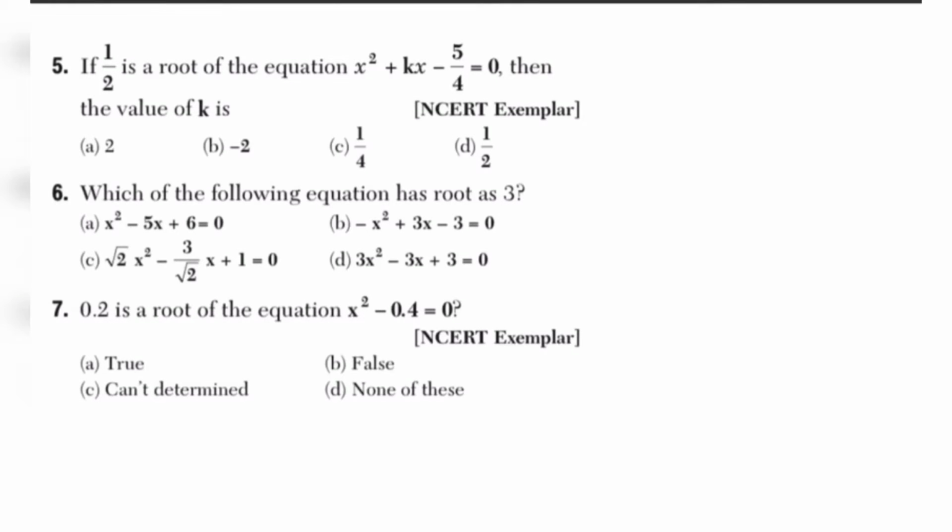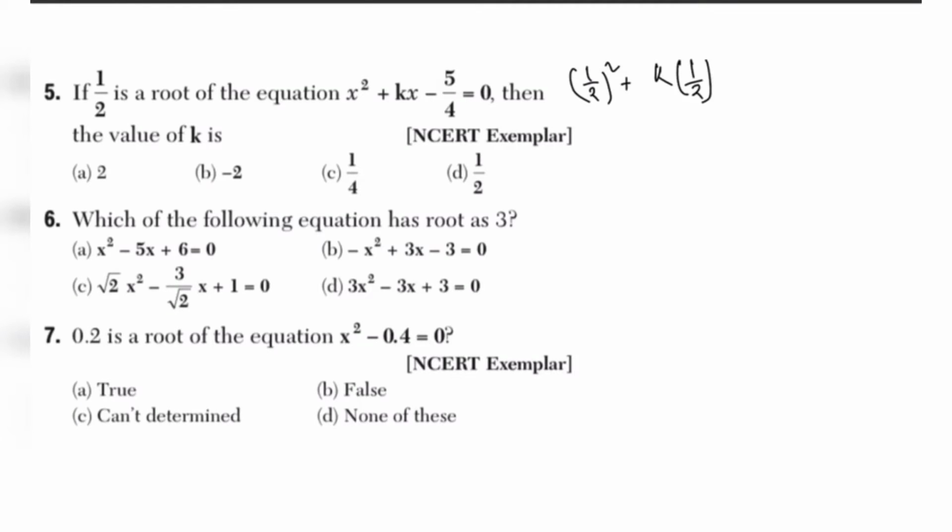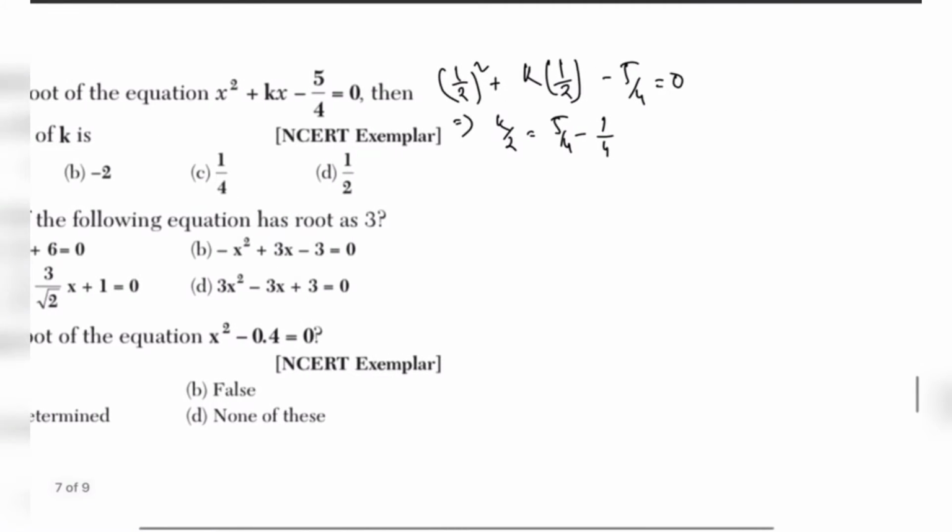So what you have to do is put half in place of x and then solve. So what do you get? If half is a root, then half square plus k into half minus 5 by 4 equals 0. Let's take the constant terms to the right, so you get k by 2 equal to 5 by 4 minus 1 by 4, because half square is 1 by 4, so 5 by 4 minus 1 by 4 is 4 by 4.